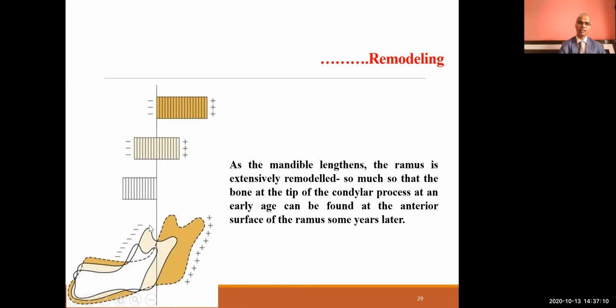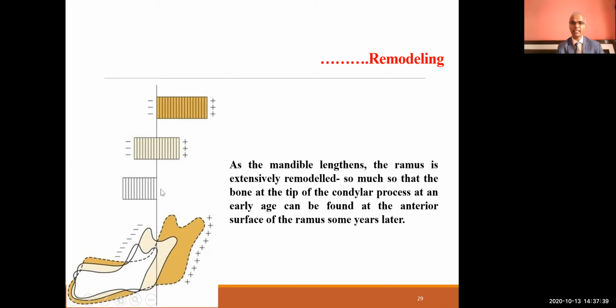You can also see in this diagram, this is the mandible at early age. So as the mandible lengthens, the ramus is extensively remodeled. You can see from the ramus, there occurs resorption on the anterior border as well as deposition on the posterior border of the ramus.